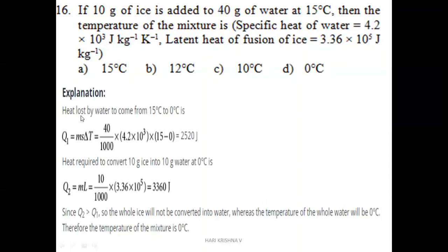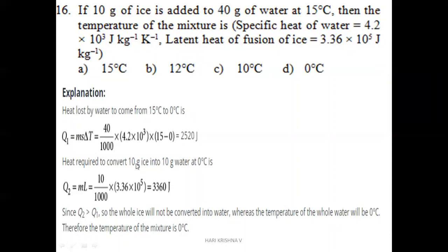When solving, heat lost by water from 15 degrees Celsius to 0 degrees Celsius is m s delta T. So 40 divided by 1000, because we convert gram into kg, into 4.2 × 10 raised to power 3, the specific heat given, and the change in temperature from 15 to 0. So you get 2520 joules.